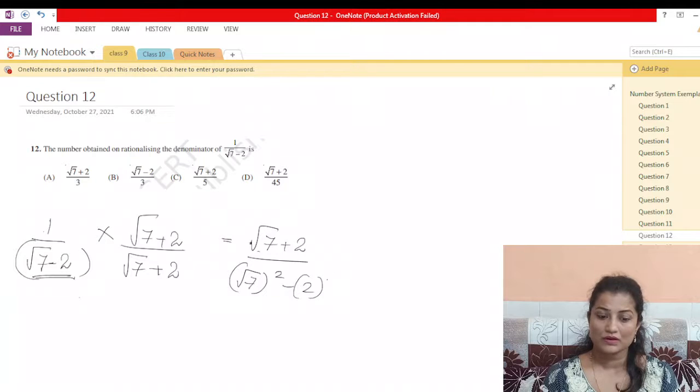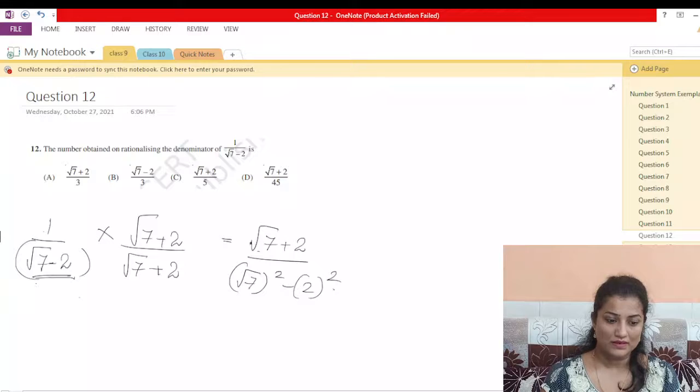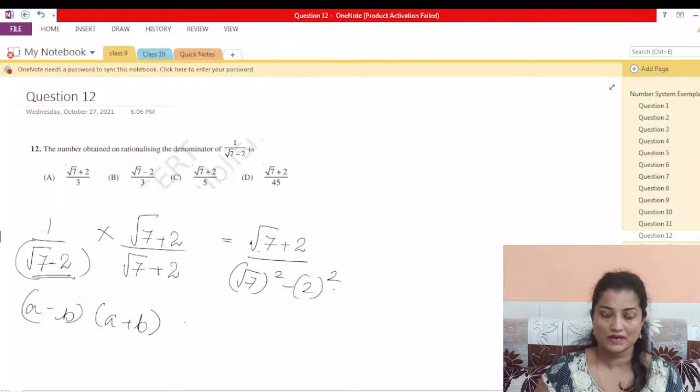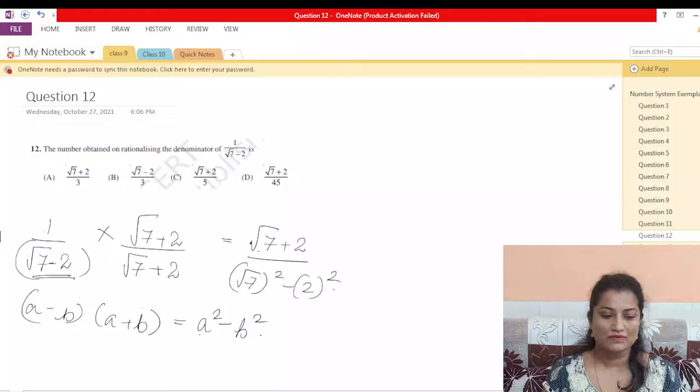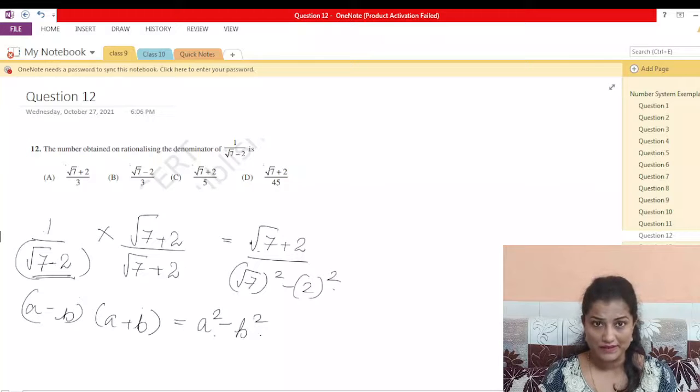Now how did we get this? This is by using the identity a minus b into a plus b. Whenever you are using this identity, it goes as a square minus b square. So whenever we have root 7 minus 2 into root 7 plus 2, we will get root 7 whole square minus 2 whole square.